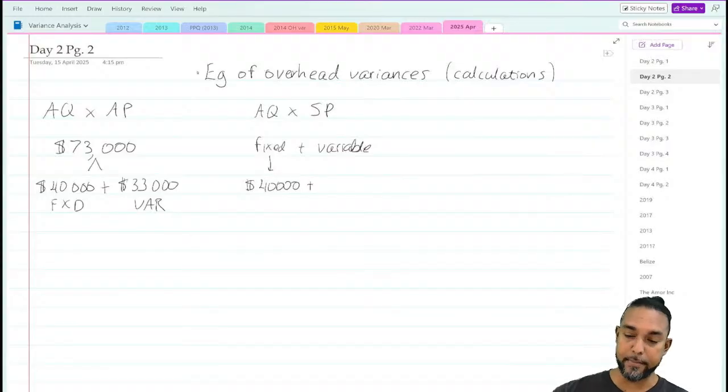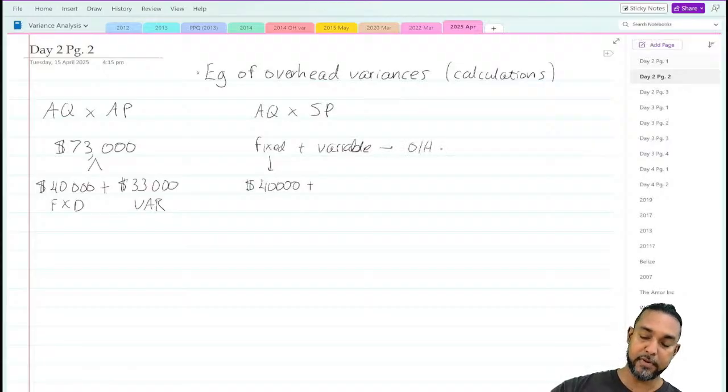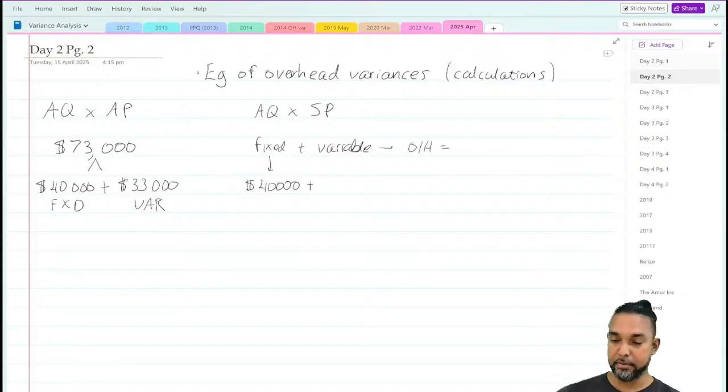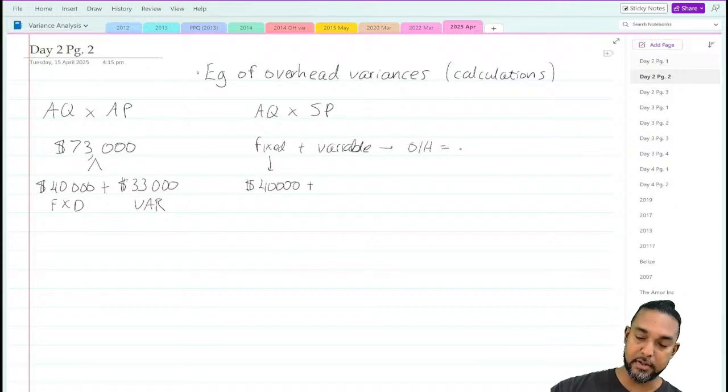Let's go back for a second. Remember, with overheads, to find the overhead that we apply, we have to take the OAR and multiply it by the actual volume of the cost driver.